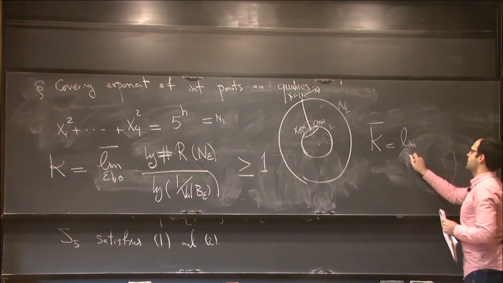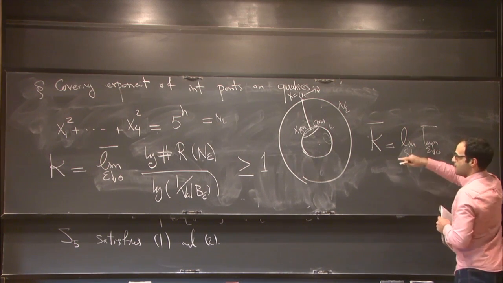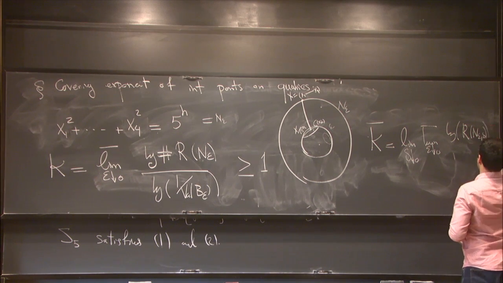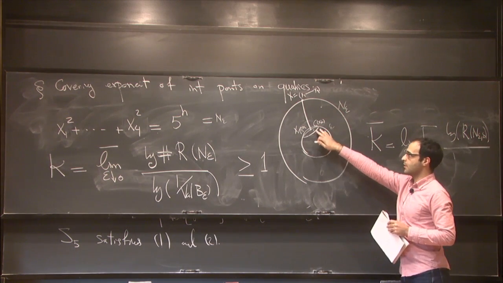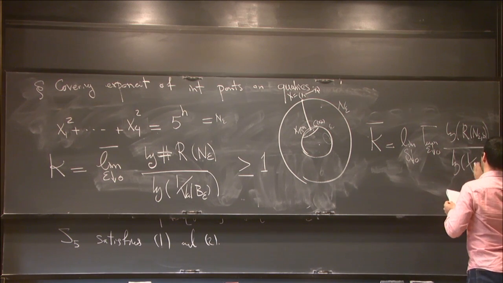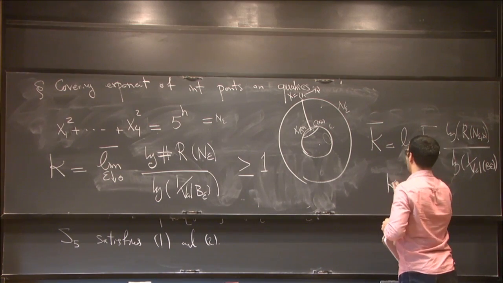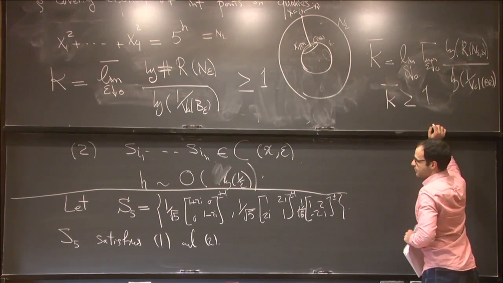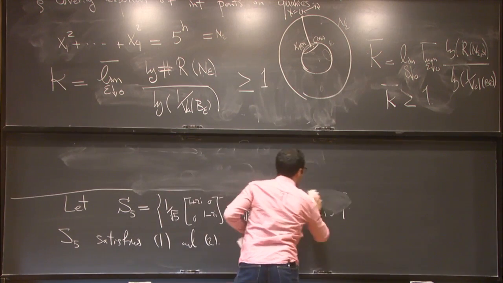So you have the limit as delta goes to 0, lim sup as epsilon goes to 0, of the same ratio, log of r n sub epsilon delta, where this is the least integer such that it covers all the caps up to a delta fraction of them, divided by log of 1 over the volume of a ball of size epsilon. Again, the trivial lower bound is that k bar is bigger than 1. So what's the relation of them with the h that I said here?